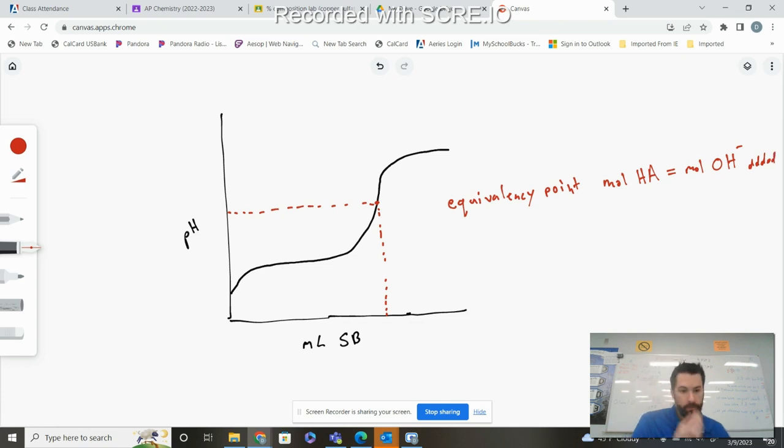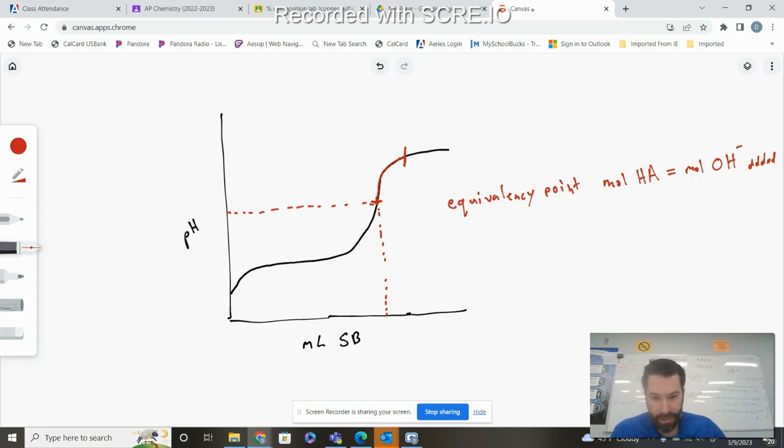Okay, so I want to talk about this part of the curve right here. From this point up to about here. Okay, so from that point on, right there. Okay, so this point right here, all of my HA is gone. There is no more HA.